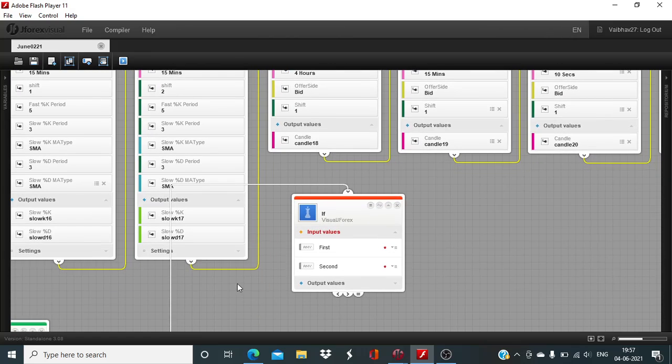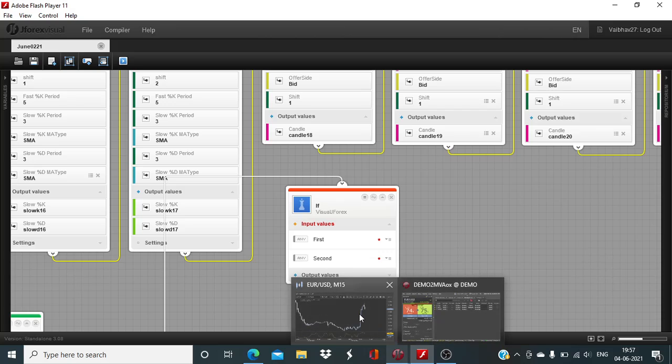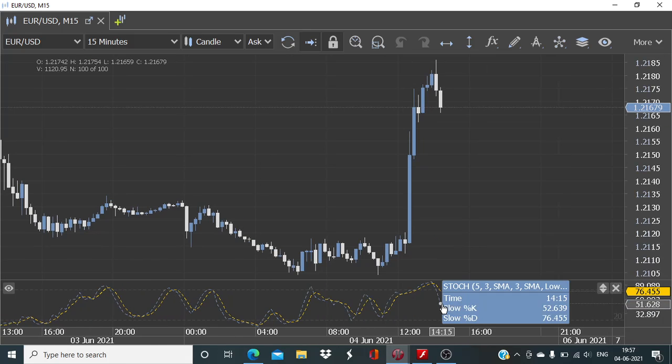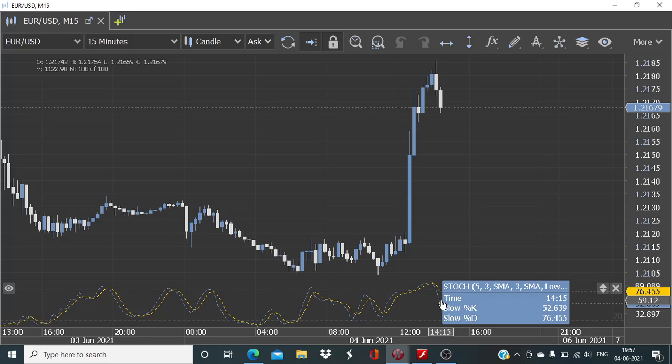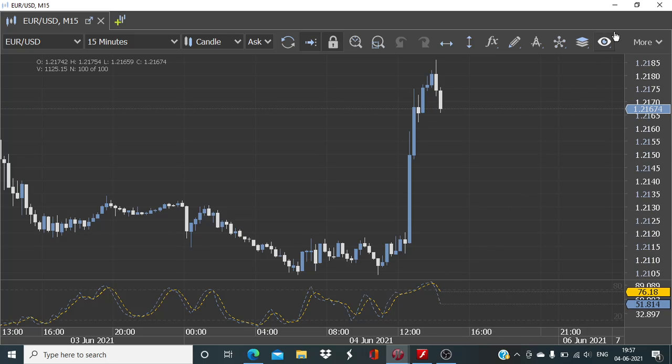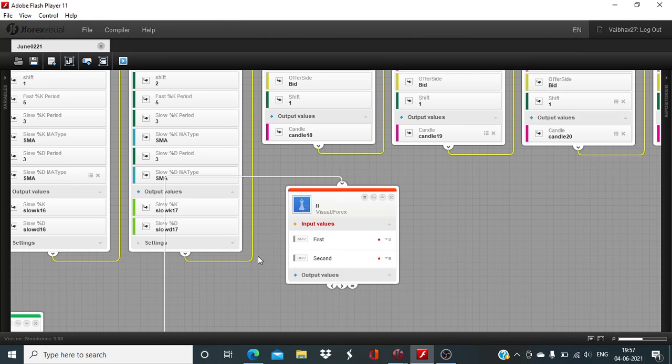And as I said, we also have to make sure that not too much of a price move has already taken place. So there is a limit of making sure that slow percent K value is still above 50. That will have to be added.